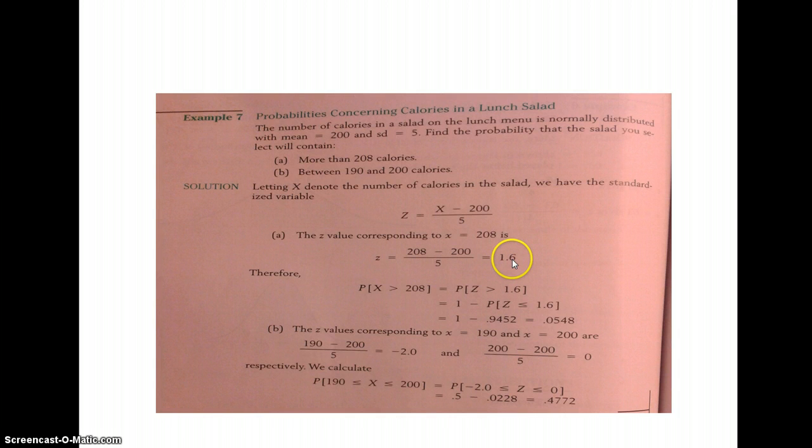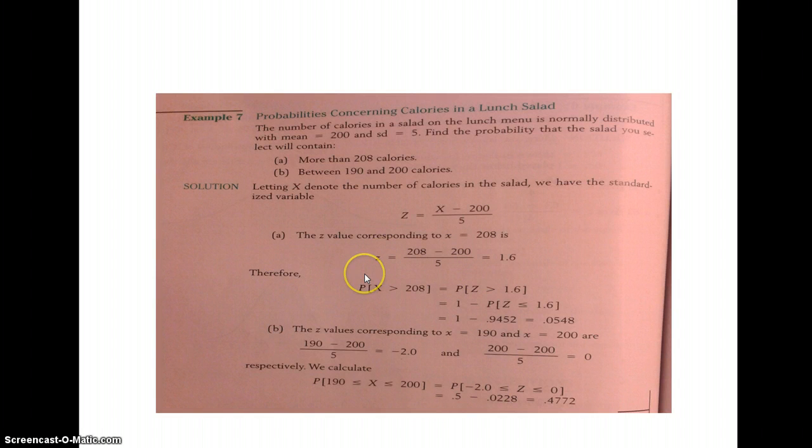So we get 1.6. When x, the number of calories, is greater than 208, the standardized variable z will be greater than 1.6, because we converted 208 to the z value.